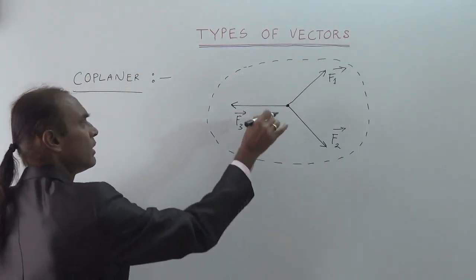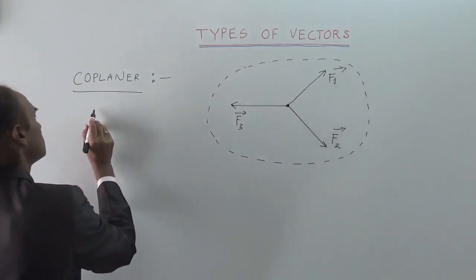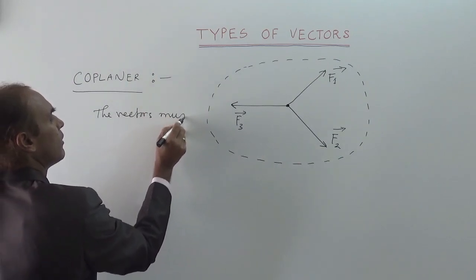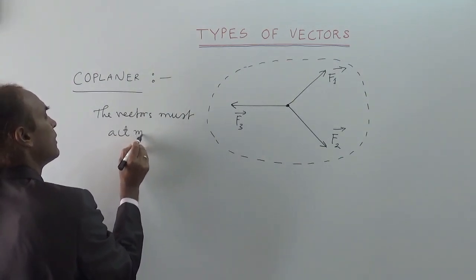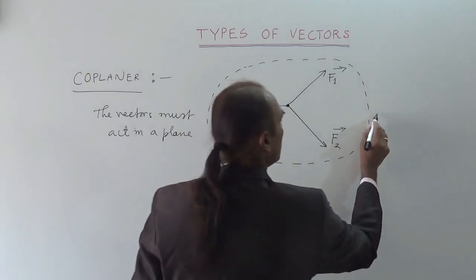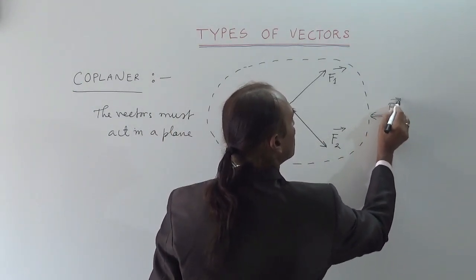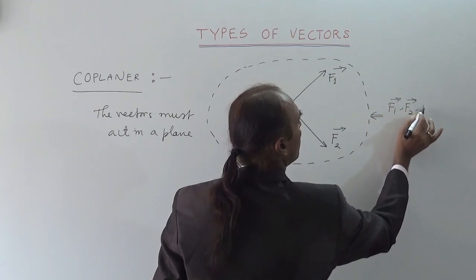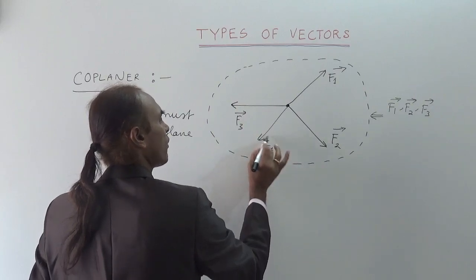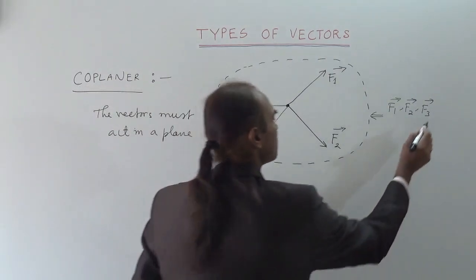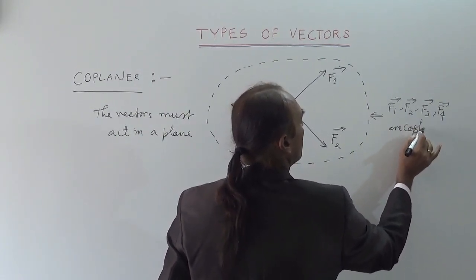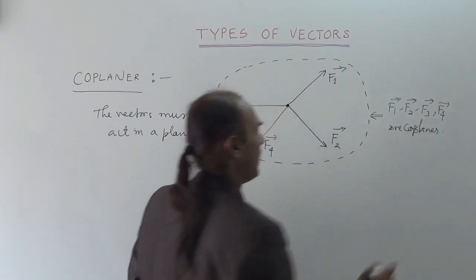Therefore, we can call them coplanar vectors. The vectors must act in a plane. Therefore, F1, F2, F3, you can add another force F4 also. These vectors are coplanar.